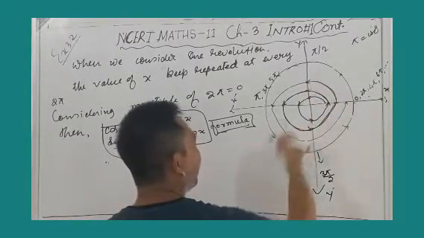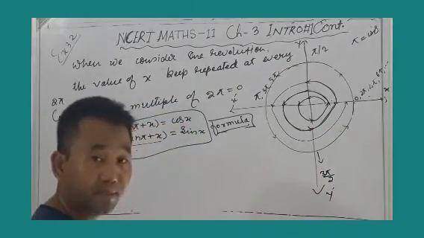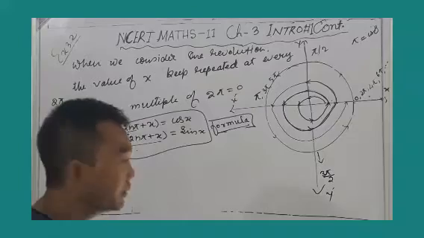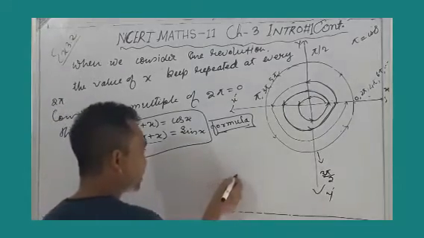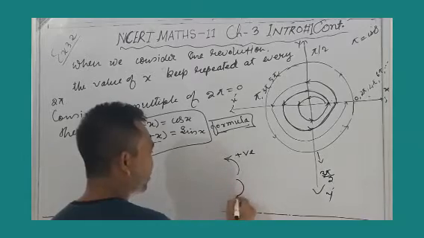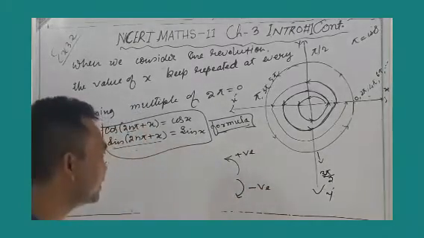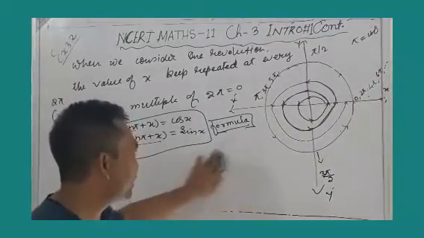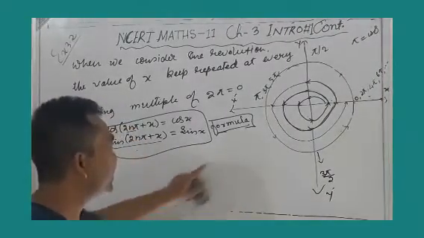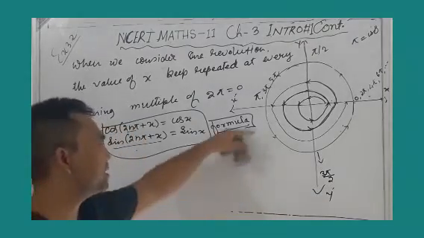If it is anti-clockwise direction, that means the angles will be positive, correct? If it is clockwise, it will be negative. You remember that, okay? For the clockwise direction also it is the same thing.